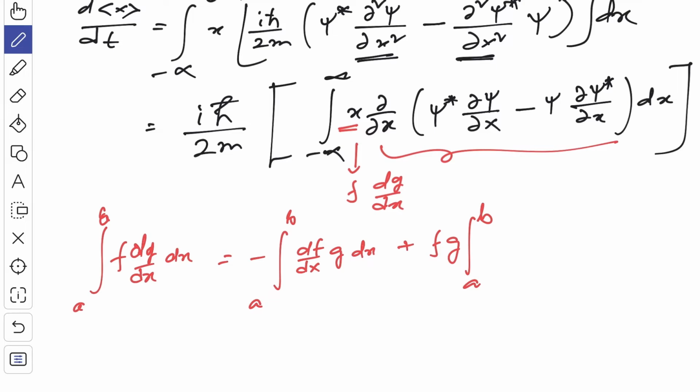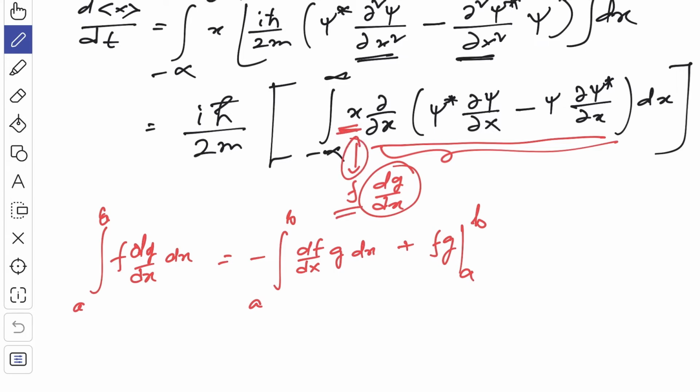In this case, we have assumed this part as dz by dx and this one as f. If you integrate according to this rule, then d by dx of x is 1, isn't it?